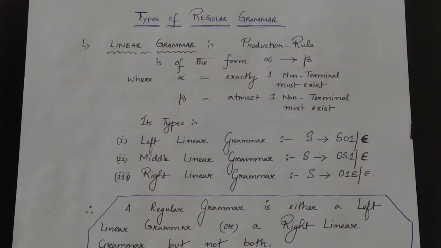But if I talk about the types, this is one kind of question that you can expect. Number one is left linear grammar, number two is middle linear grammar, and number three is right linear grammar. I have already mentioned an example for all these three categories.